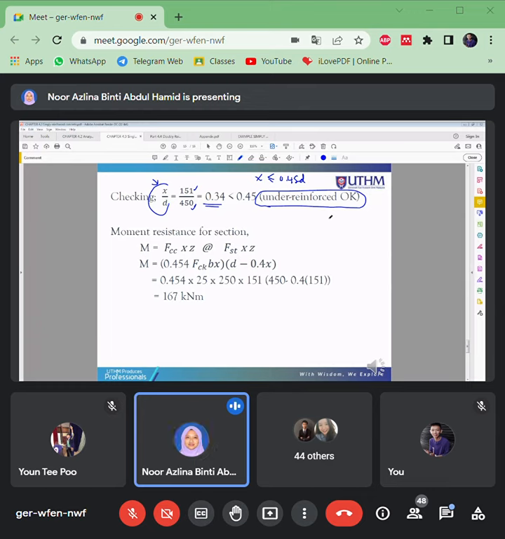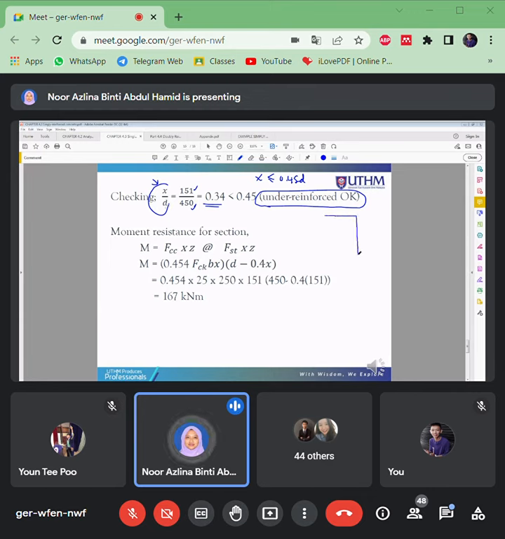Okay, in case it is not less than 0.5, what should you do? You should change the size. The checking is based on the size, on the neutral axis depth, and on the effective depth here.